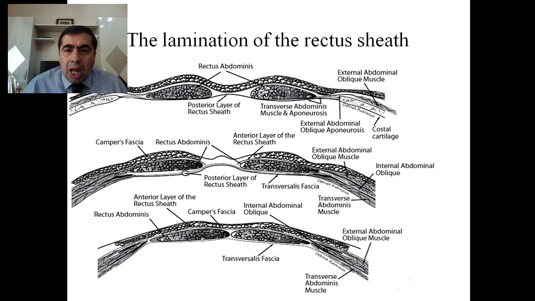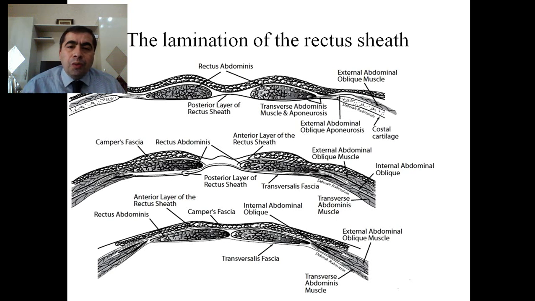The rectus sheath has two walls, anterior and posterior, and the relation of these walls is, of course, changeable. In the upper two-thirds, the anterior wall is formed by the aponeurosis of the external oblique and the anterior layer of the aponeurosis of the internal oblique.